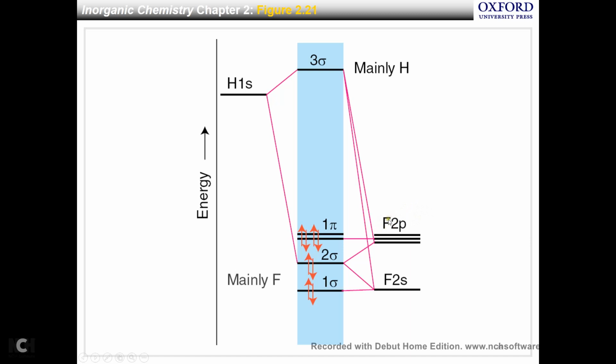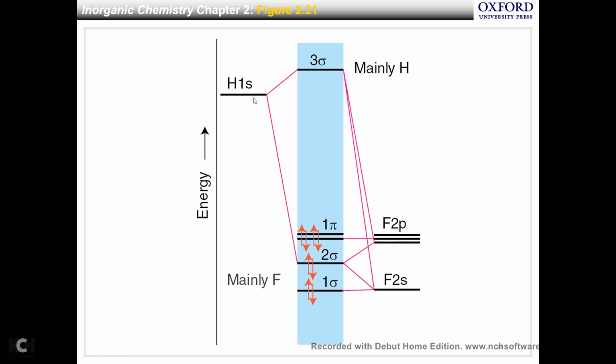Although fluorine has one additional shell, there's a larger distance between the electron and the nucleus. Overall, I believe the ionization energy of the valence electron in fluorine is much more negative than that of hydrogen. Therefore, I think this energy diagram is more realistic, with the 2p orbitals much lower than the 1s.